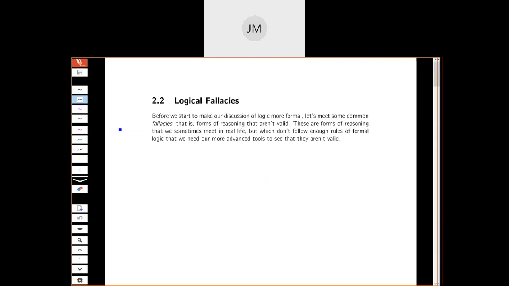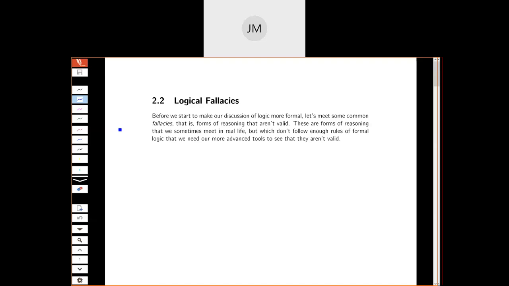Fallacies are forms of reasoning that are not valid. Okay, so this is reasoning, and the fallacies that we'll talk about are reasoning that we'll often run into in real life. These are very common, but they're not valid, which means that if somebody follows that reasoning, they have no reason to expect the conclusion is true based on the premises.